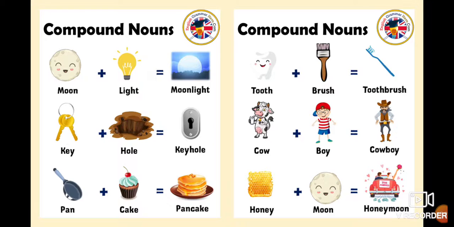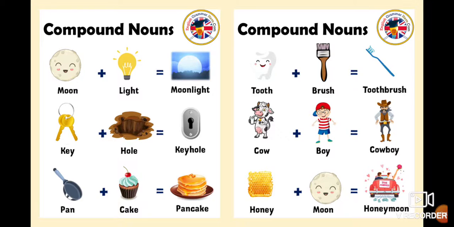We have moon, our first common noun, and if we add light, our second common noun, moonlight. Key, our first common noun, and hole, our second common noun. We put them together and say keyhole. Pan, the first common noun, and cake, the second, we have the compound noun pancake.